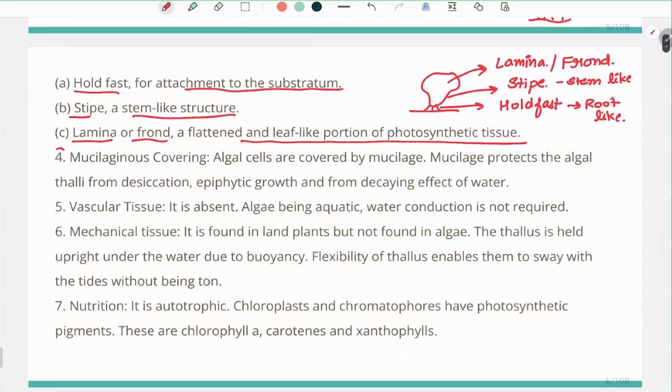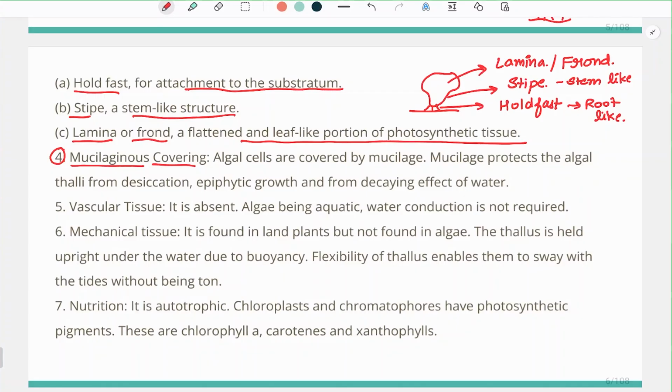Moving on to another point, that is the mucilaginous covering. We have seen that algal cells are covered by mucilage, and whenever a point comes up about why something is covered by mucilage, the first thing that should click in our mind is that it prevents desiccation, the loss of moisture.